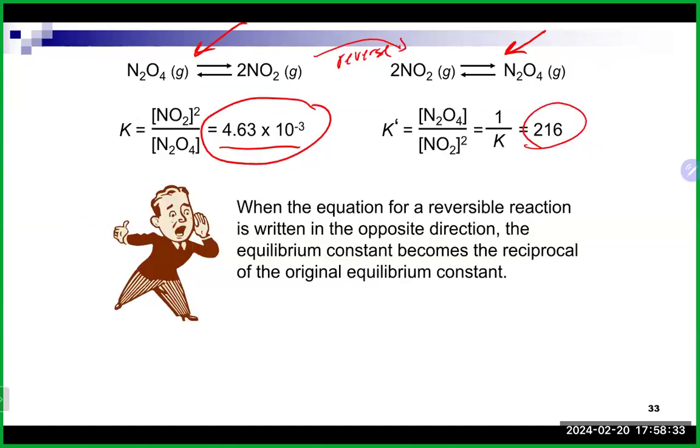So what are some other things that you might do? Well, some other common things that you might have to do along the way is, let's just say we have A plus B goes to C plus D, and we have a K value here for that.